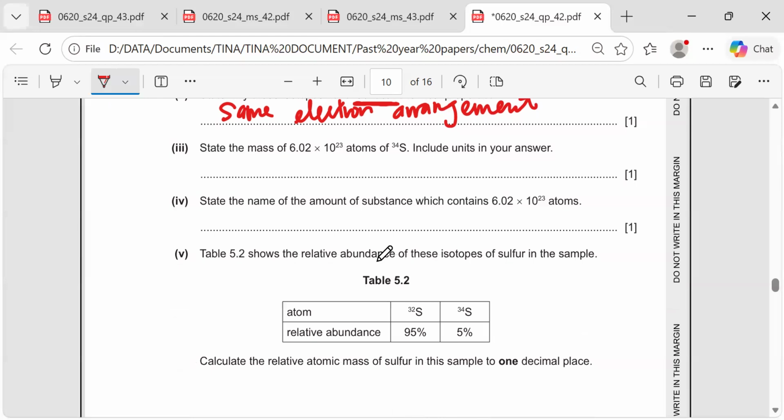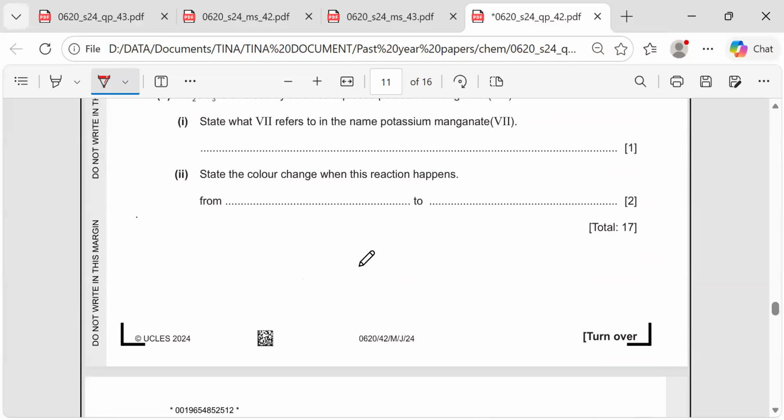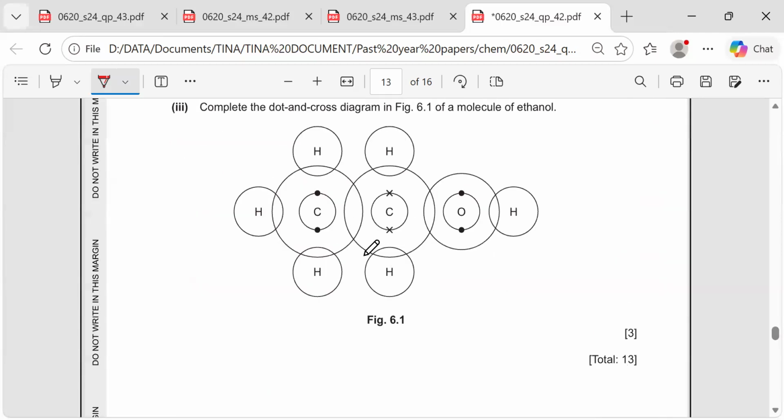Okay, can I continue? Which else? So I draw something for you, right? This one. One, two, three. One, two. This one, don't forget. 1, 2, 3, 4.